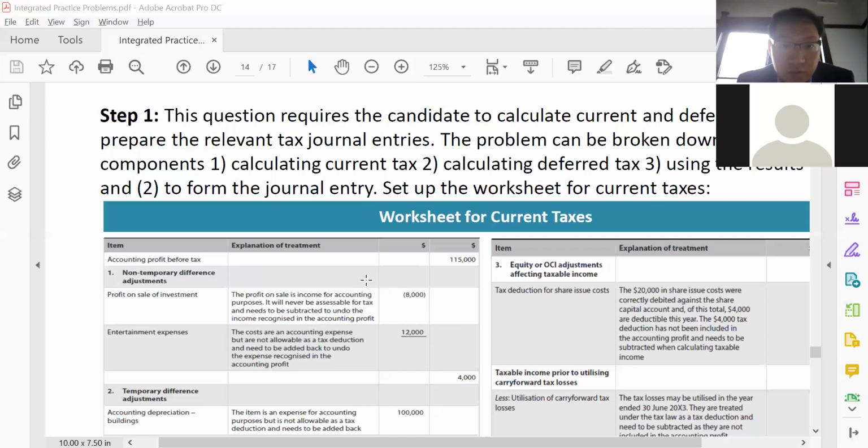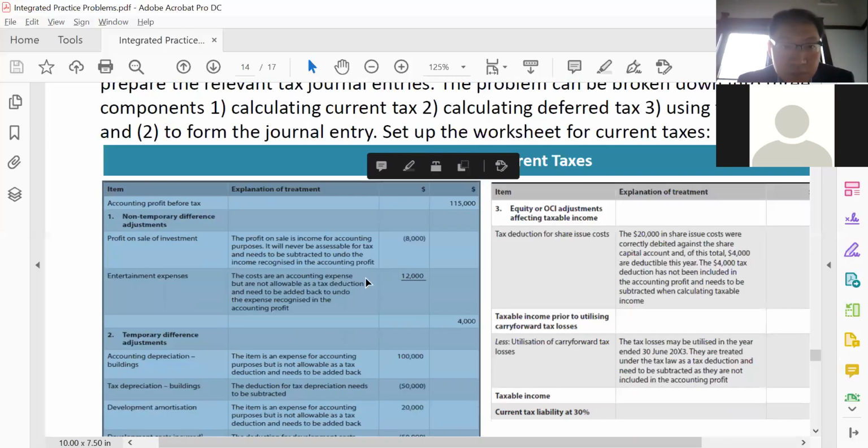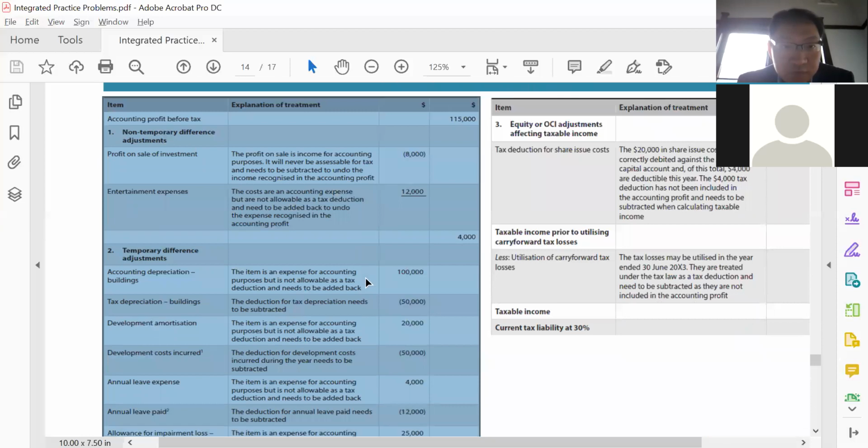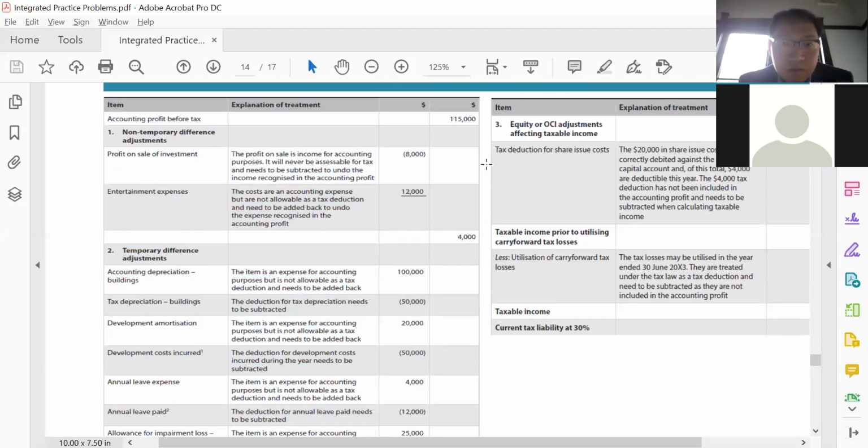Then we work through the temporary differences. A temporary difference simply means the treatment is going to be different at a point in time, but over time, they're going to be the same. At a point in time there'll be a difference, but through time, they're going to reconcile or net each other out.